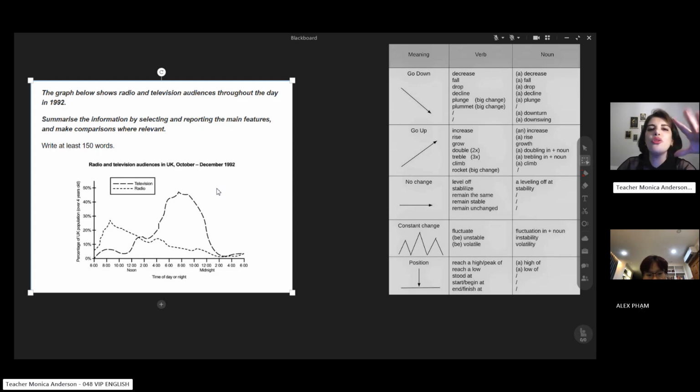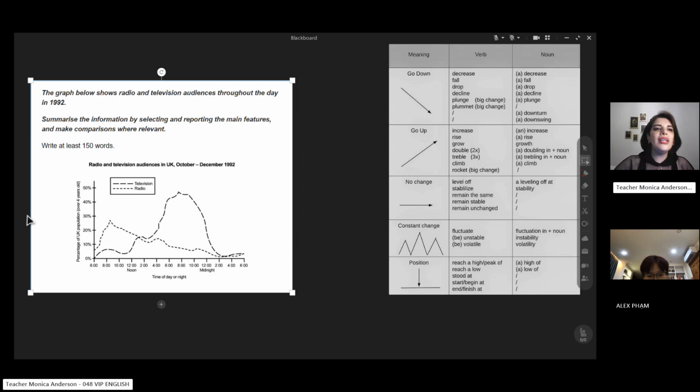Now, how to write and how to analyze the question. That is really important. The first step is to analyze the question. The format of every Academic Task 1 question is the same, but we need to practice, learn the words, phrases and vocabulary that we need to write.